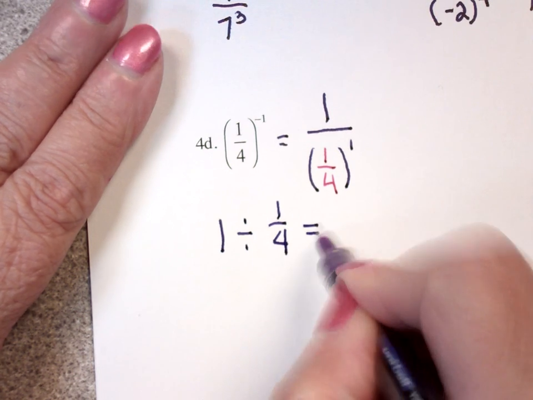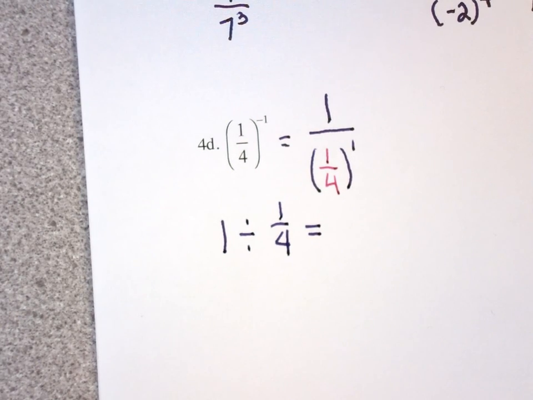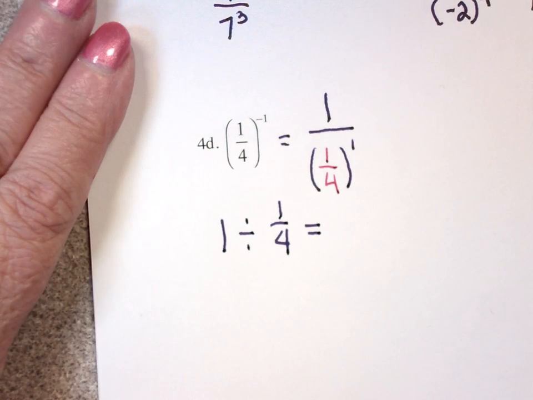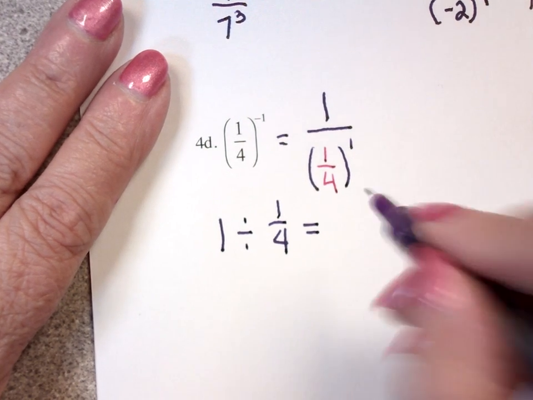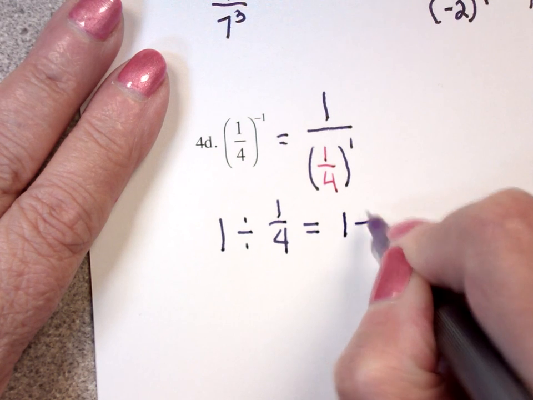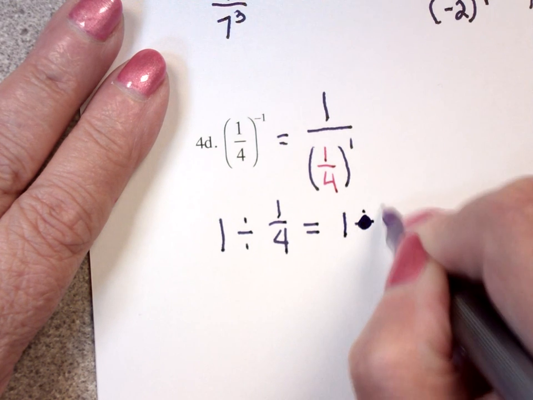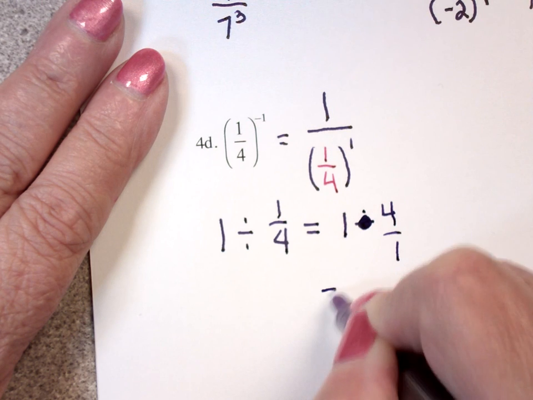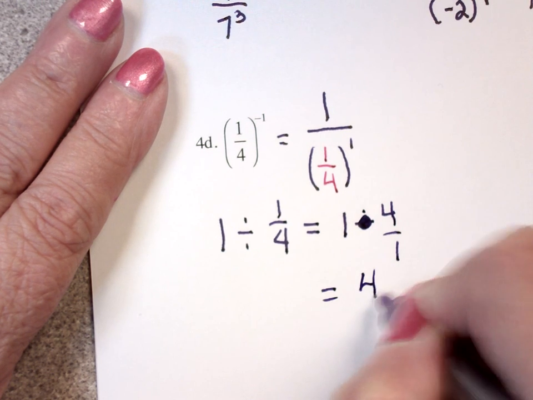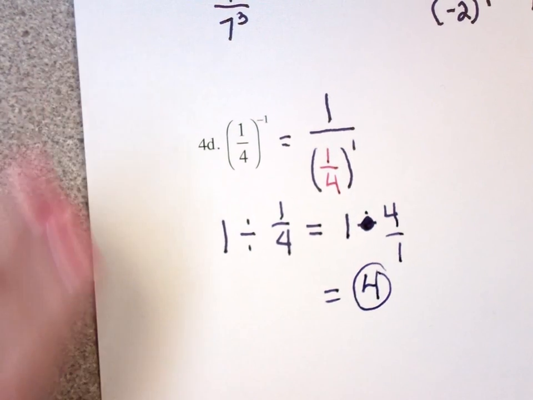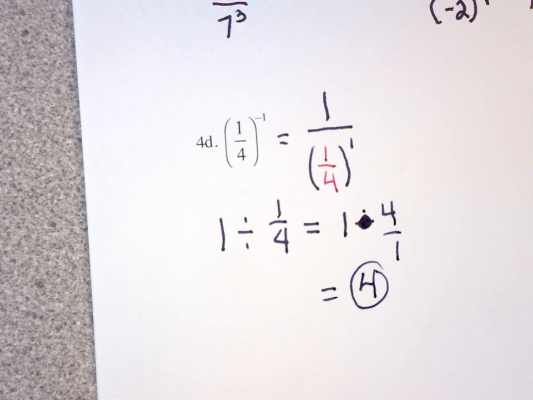How do you divide 1 by 1/4? You remember? Change, flip. I flip who? The 1/4, yeah. So it's 1 times 4 over 1, which is 4. The negative flips the 1/4. Flips the fraction.